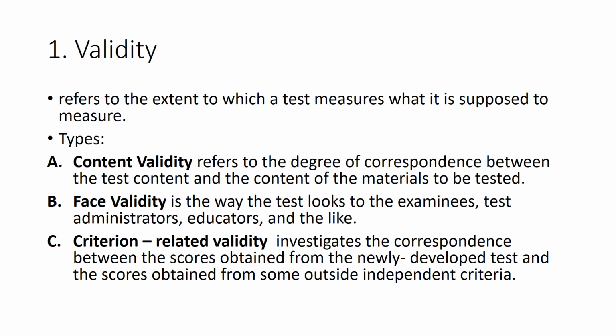Okay, so suppose that at the beginning of the year you make a test for your students, and then at the end of the semester you make for them another test, and here you are going to compare the results that you have got in order to find out whether these scores are correlated or not. And so here you are going to find out how valid your test was.